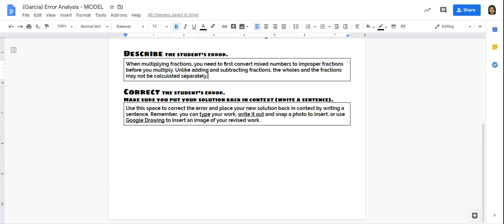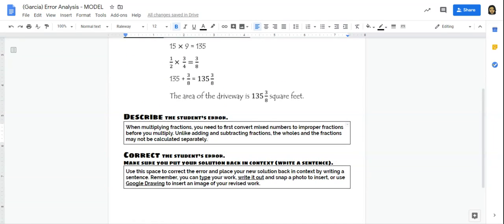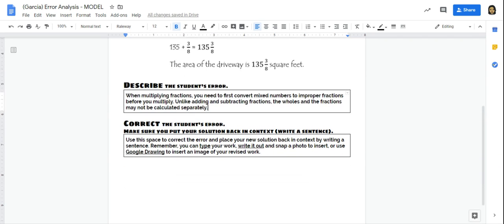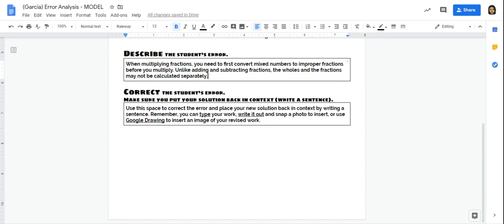All right. The next part of this error analysis is to correct the student's error. It says make sure to put your solution back in context, which AKA means write it into a sentence. Just like they did up here, where they said the area of the driveway is 135 and 3/8 square feet. So, before I erase this, I'm going to make sure to take a look at it. What is Miss Garcia communicating to you here? It says use the space to correct the error and place your new solution back in context by writing a sentence.